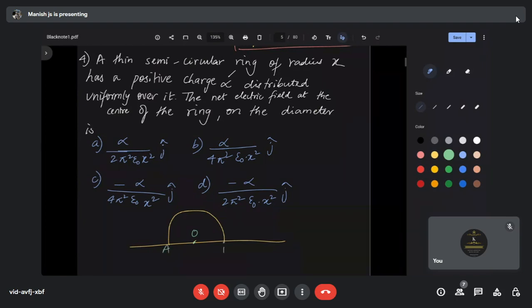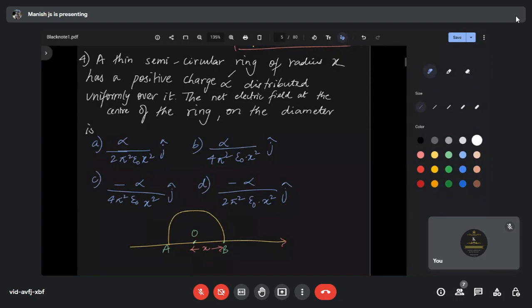You can take this point as A, this point as B. So what is the distance between O and B? Radius. The distance is x. ஓகேங்களா? Center வந்து O. ரெண்டு axis வச்சுக்கோங்க. Diameter வந்து is on the horizontal axis, அதாவது x axis.